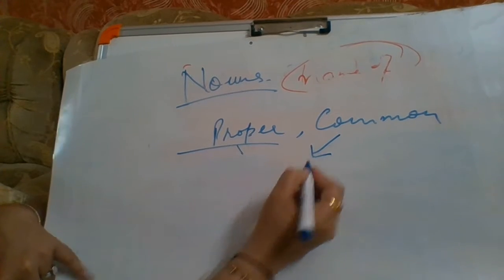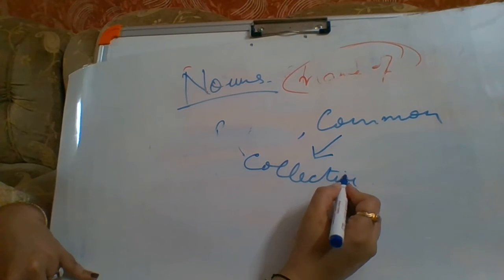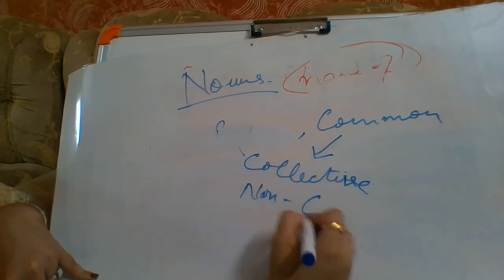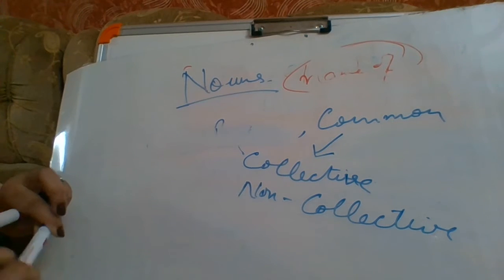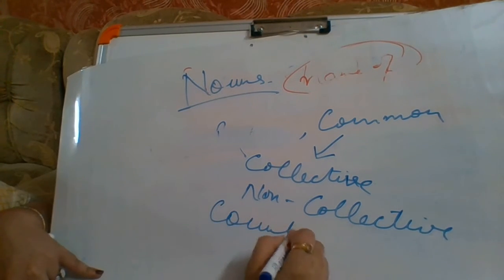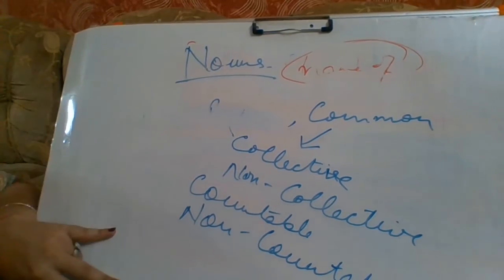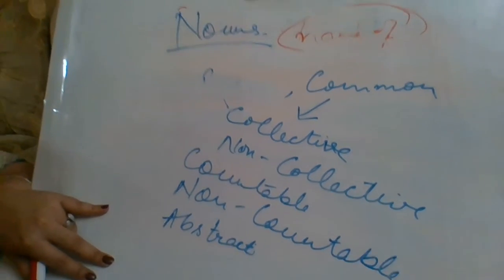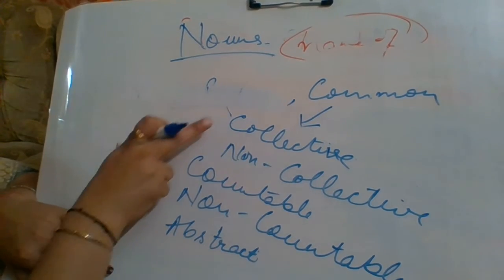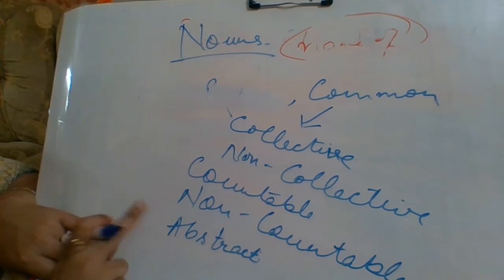Common nouns are further categorized into collective nouns, non-collective nouns, countable nouns, non-countable nouns, and the fifth one is abstract noun.